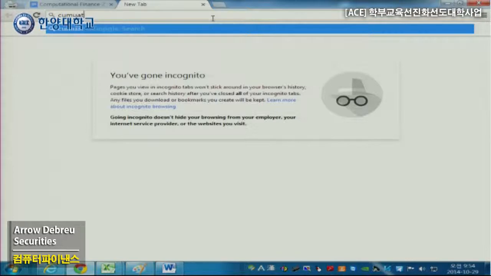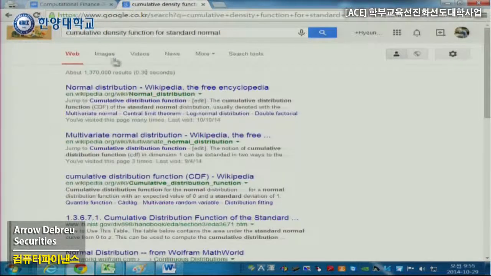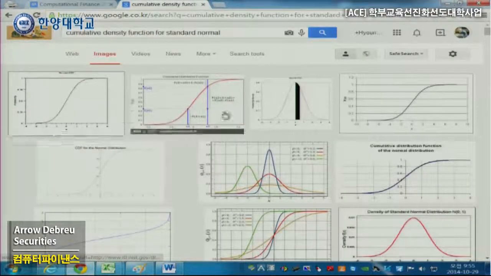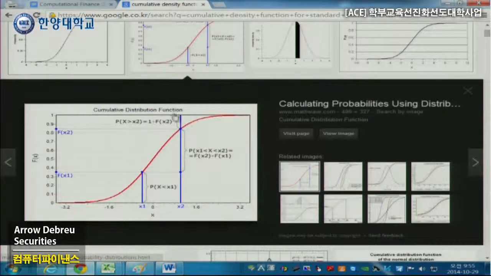So this is the cumulative density function for the standard normal distribution. It should look like this, right? This is x1. The height here is the probability that a random number is less than x1, and the height here is the probability that a random number is less than x2.